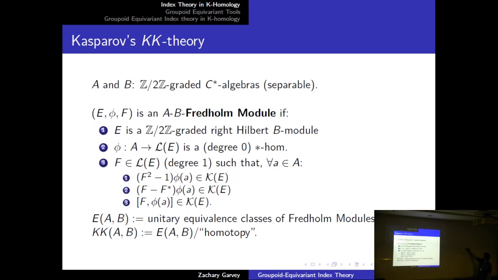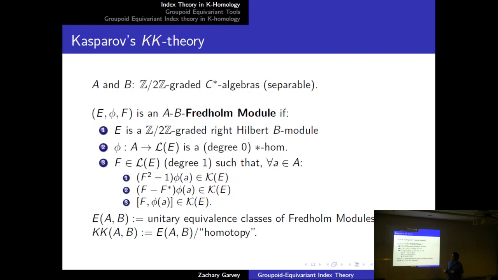It'll map the odd part to the even part, and the even part to the odd part. So it's a degree 1 operator, and if you forget the phi of A for a second, it's basically just saying that F squared is the identity modulo compacts, and it's also self-adjoint modulo compacts. And this one is just saying that it commutes with the image of this homomorphism modulo compacts.